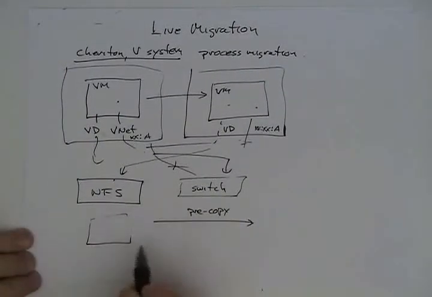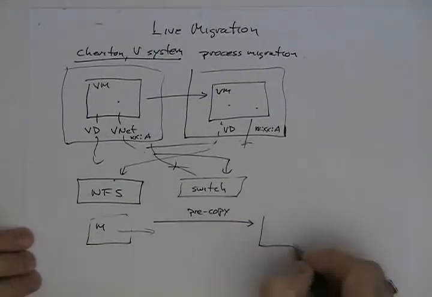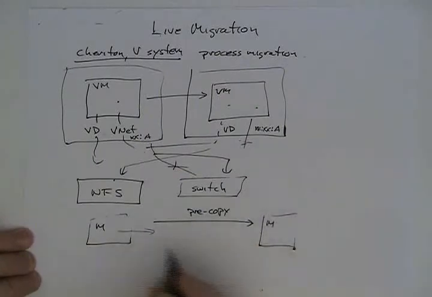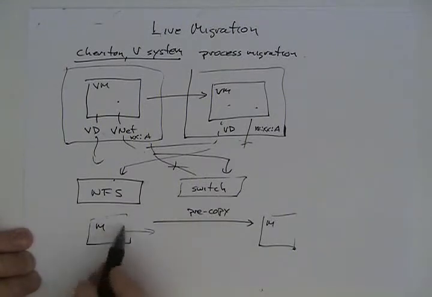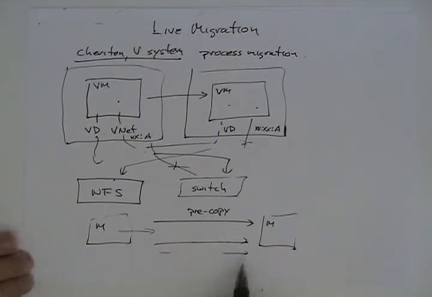While the machine is running, you copy all its memory from the source to the destination, and you write protect these pages, or you use the dirty bit so that you can keep track of what pages get modified, and you basically pre-copy several times, each time only copying the pages that have changed since the previous copy.